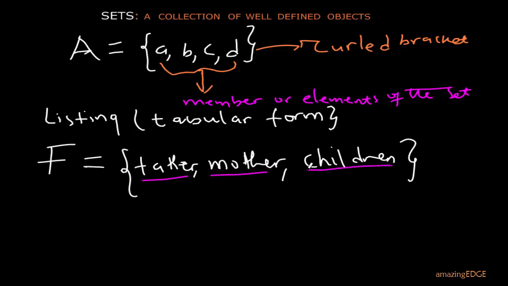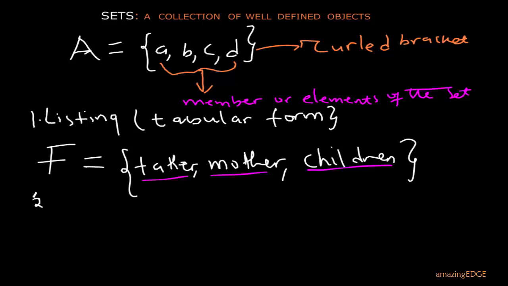We are going to look at some examples where we may not be able to finish listing the elements of the set. There are some sets you can finish listing, but there are ones where you may not list all the members. You can just describe them. This is the same example.